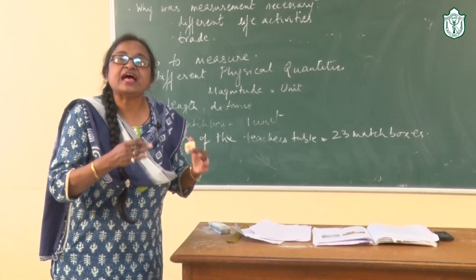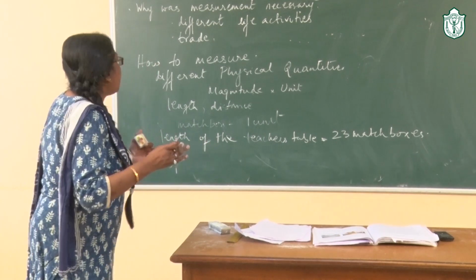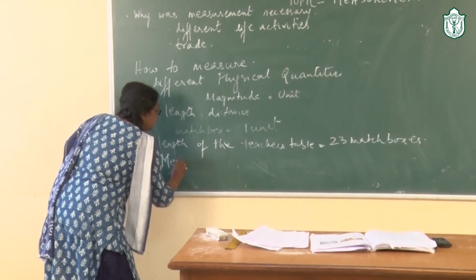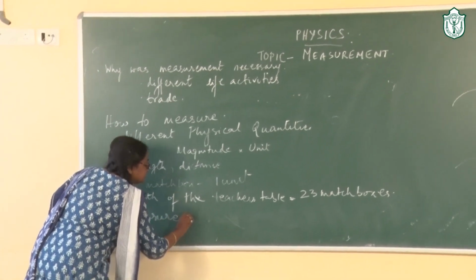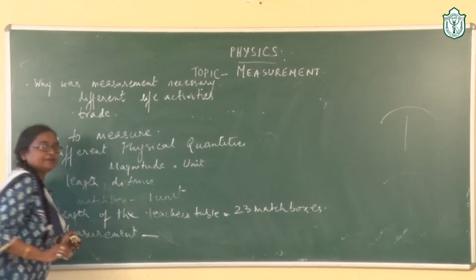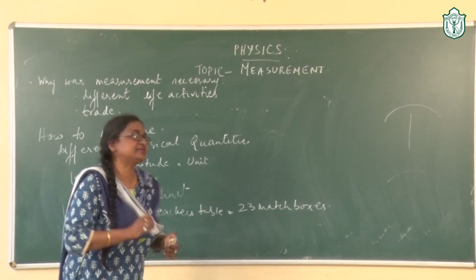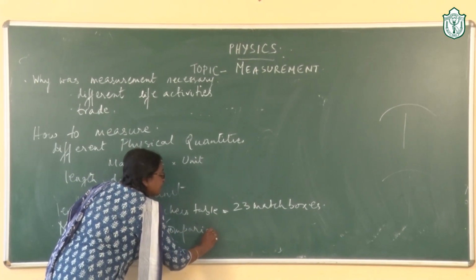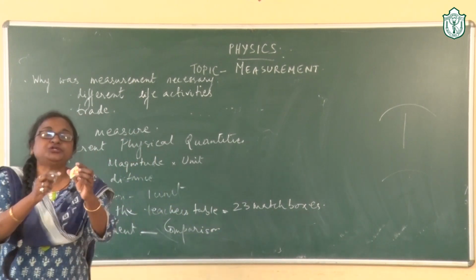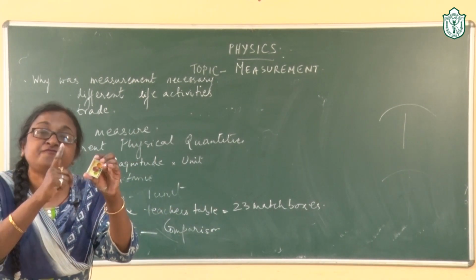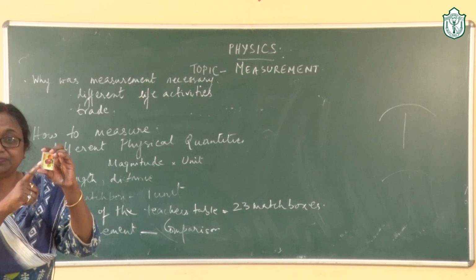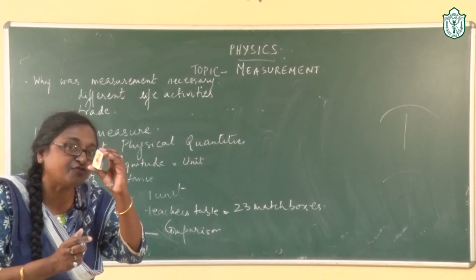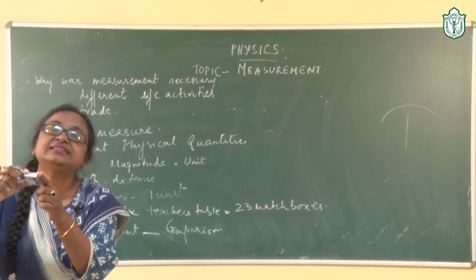So when we have measured, we have compared. Measurement then first is a comparison. Comparison between what? Between a known fixed quantity. This is a known fixed quantity. This is fixed. For this matchbox, the length is fixed.